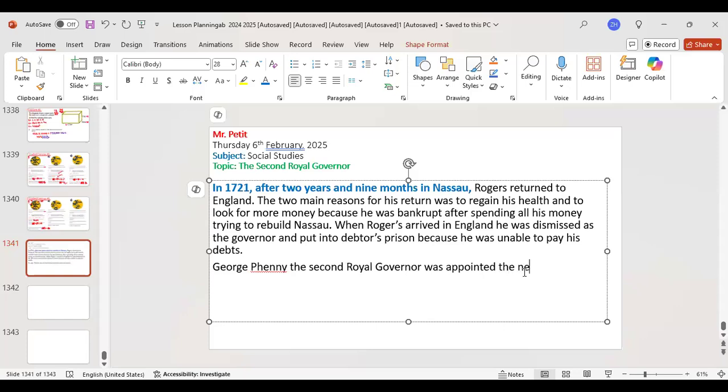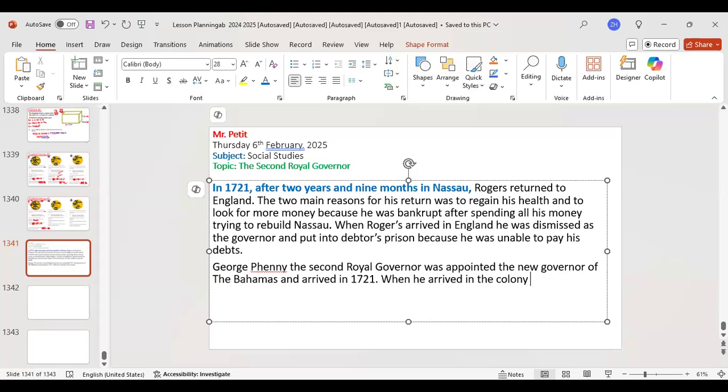The new governor of the Bahamas had a lot of failures, right? He arrived just when Woodes Rogers left in 1721. When he arrived in the colony, did we have pirates?